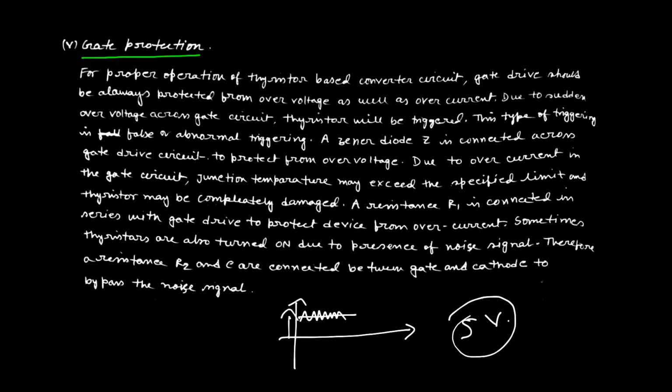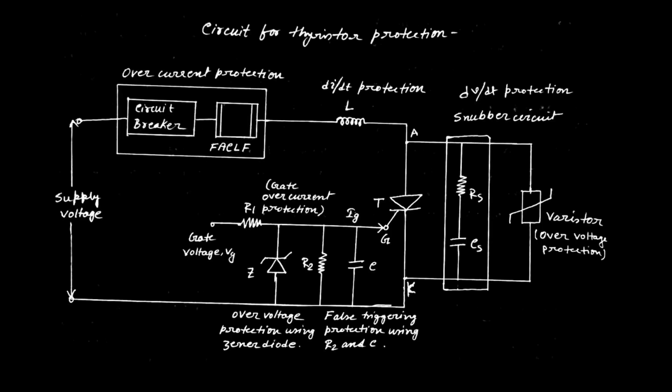So we have studied all the things: di/dt protection, dv/dt protection, overvoltage protection, overcurrent protection, and gate protection. So the complete protection circuit of the thyristor is this one. This is the circuit for the overall protection of the thyristor or SCR, in which we have considered all the protection processes.